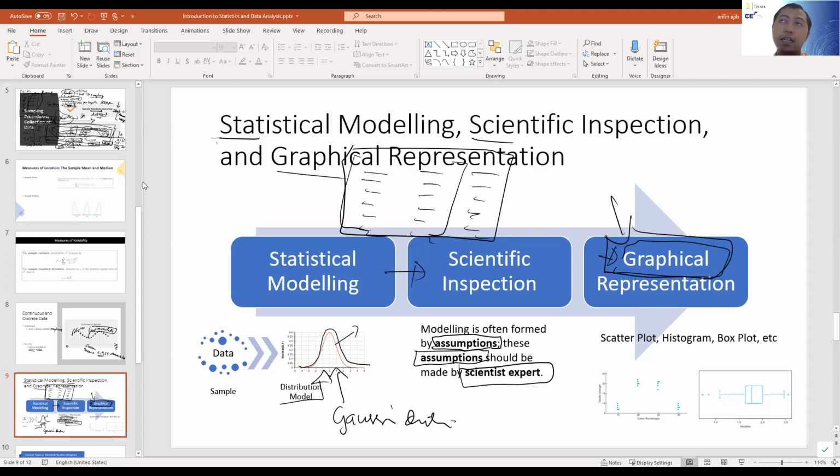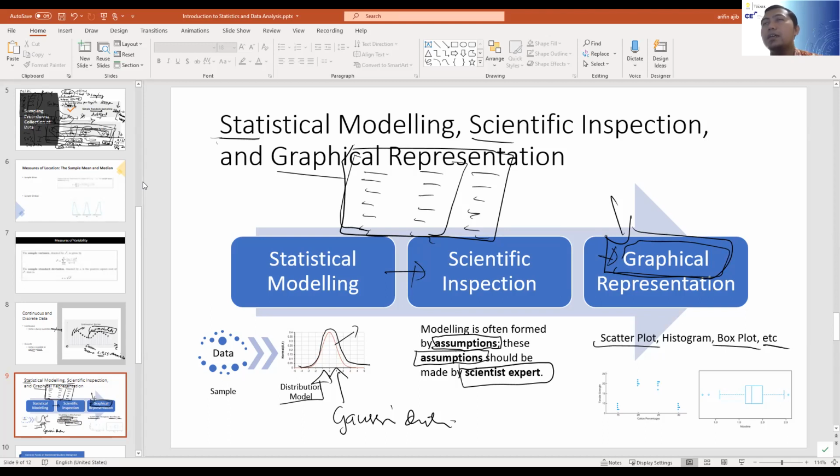In the first meeting yesterday, I already checked everyone by giving you a pretest like a histogram. A histogram is a kind of graphical representation, and other graphical representations are like a scatter plot, box plot, and so on.